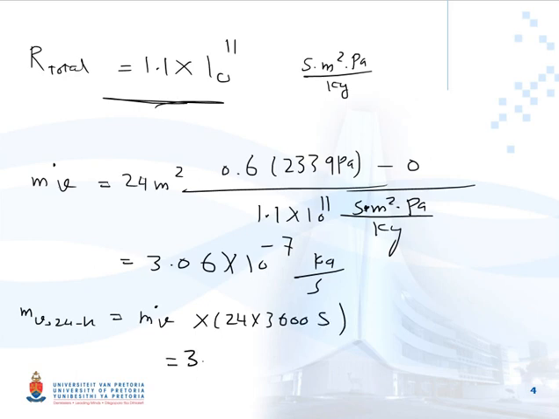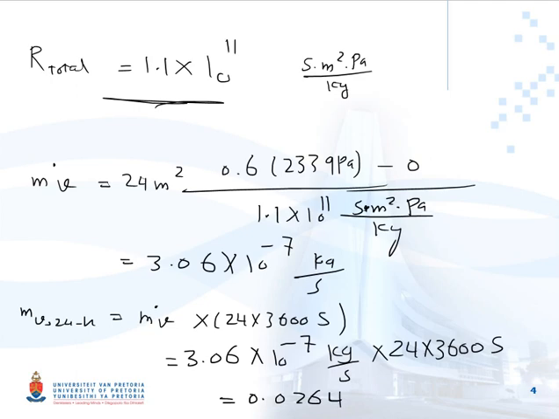So basically it's 3.06 times 10 to the power of minus 7 kilogram per second multiplied by 24 multiplied by 3600 seconds, so it will be 0.0264 kilogram, which is equal to 26.4 gram. Okay, so this is the maximum amount of moisture that can migrate through the wall, since we assume that the vapor pressure on one side of the wall to be 0.